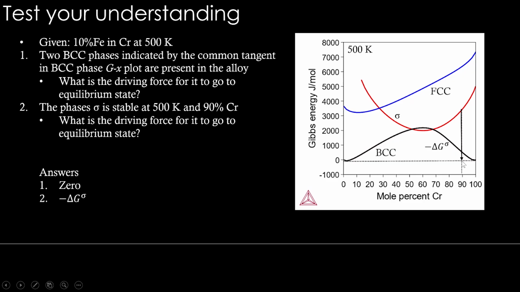This is the final Gibbs energy where it will achieve two BCC phases. So this Gibbs energy value minus this Gibbs energy value is the driving force. That is minus delta G sigma here. So the answers are: 0 for question number 1 and minus delta G sigma for the second one.